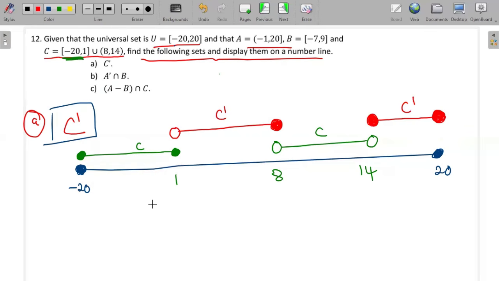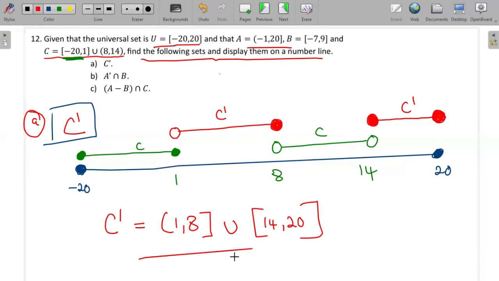So you've seen that we have first displayed this set on the number line, and now we can write it. C complement is equal to this first interval, 1 to 8. Here I'm using a curved bracket because it's open, and a square bracket because it's closed. And then I'm going to say union. On the 14, it's included, so it will be 14, comma, 20, where 20 is included.